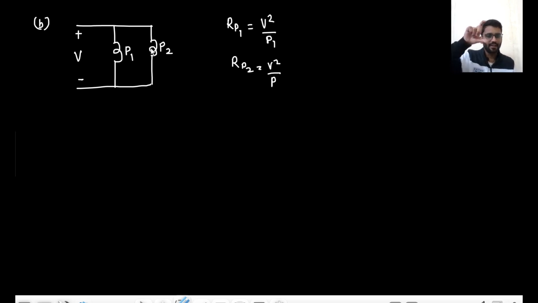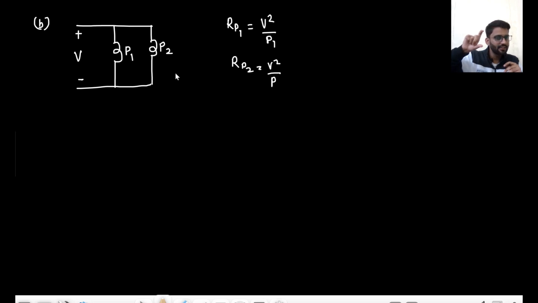If both are connected in parallel and both bulbs are given the same supply as the rated supply, that means they will light at the rated power only. The rated power is P1 and P2. Did you understand this statement? Both P1 and P2 are given the rated supply only.